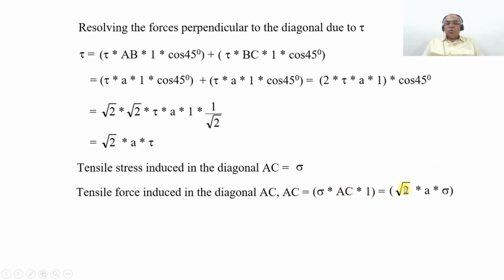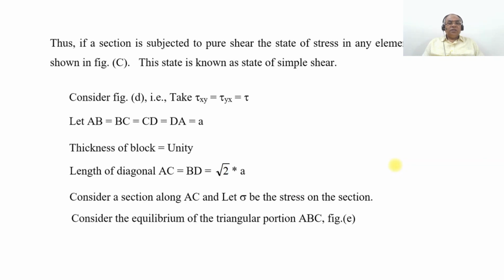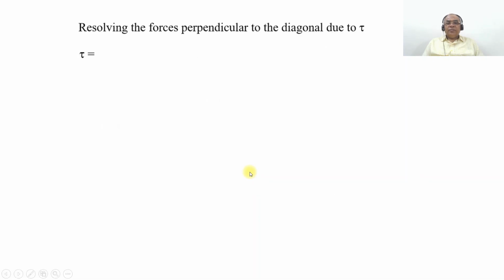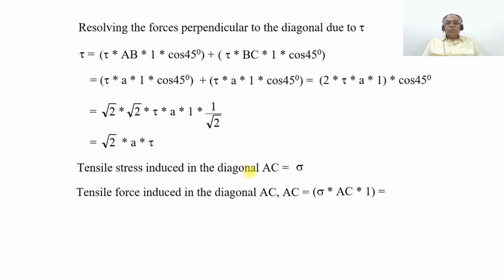You can express AC as root 2 into A, which we got from here. You substitute that value in this expression, that is root 2 into A into sigma.